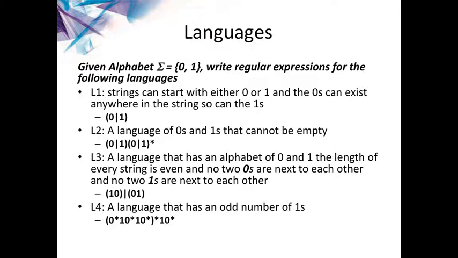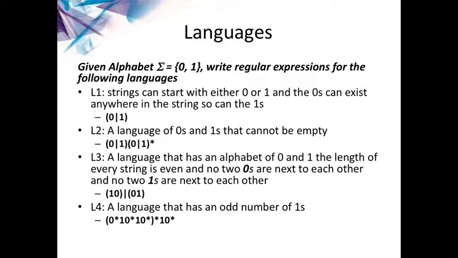A language of 0 and 1 that cannot be empty. Then you have to concatenate the 0 or 1 with another 0 or 1. Why? Because the star means 0 or 1 or more times. So if the star repeats 0 times, this means that the output of the repetition is an empty string.